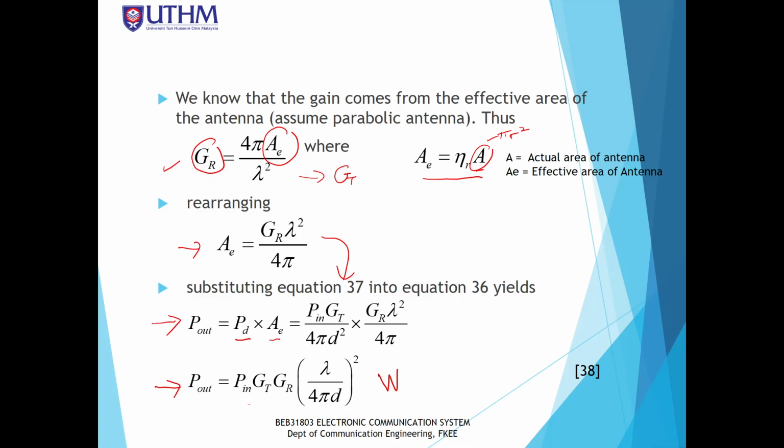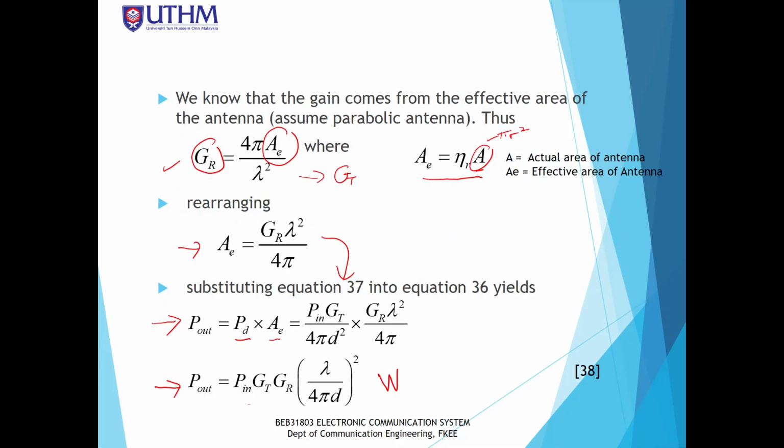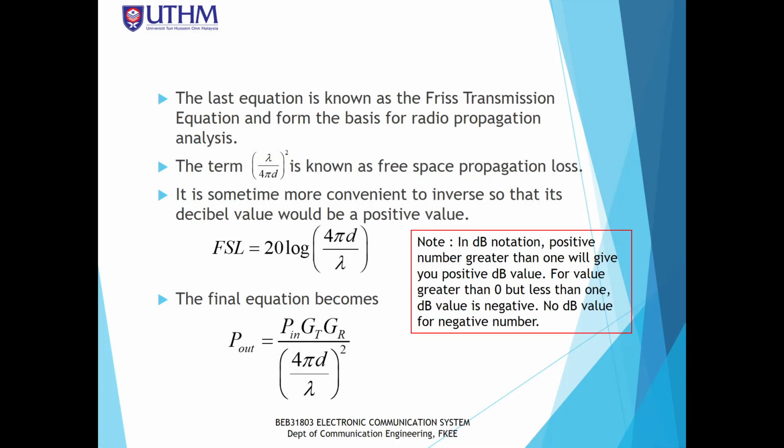So from these equations, the parameters inside the bracket are what we call the free space loss. The free space loss is known as the free space propagation loss.